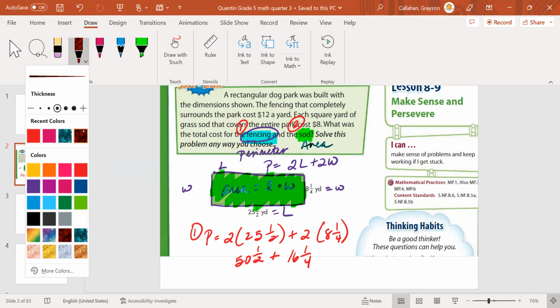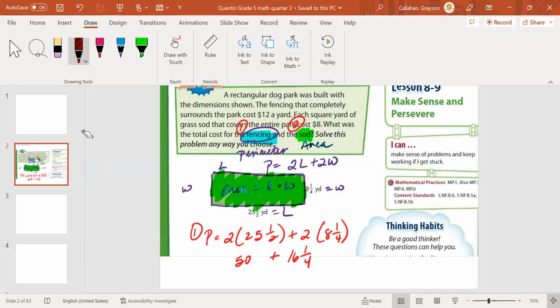So then when you do this, it's going to be 50, and then 2 times 1/2 is 1.